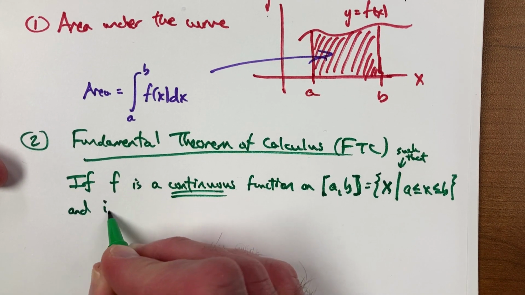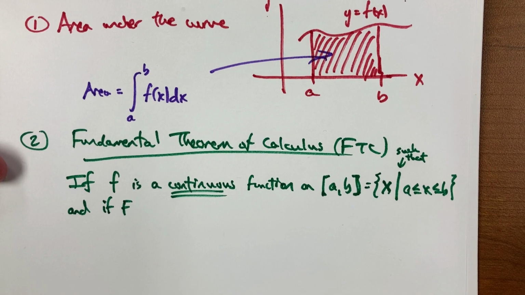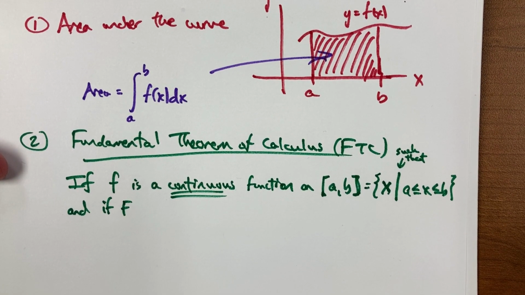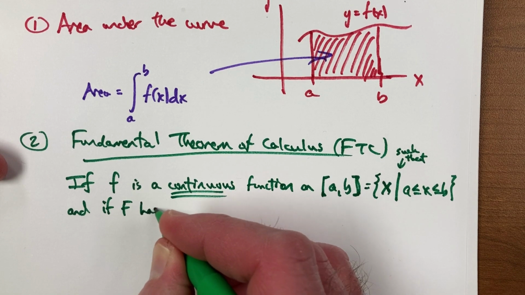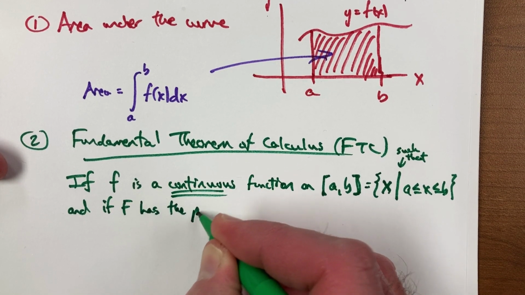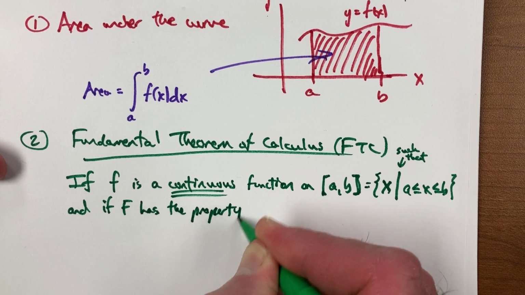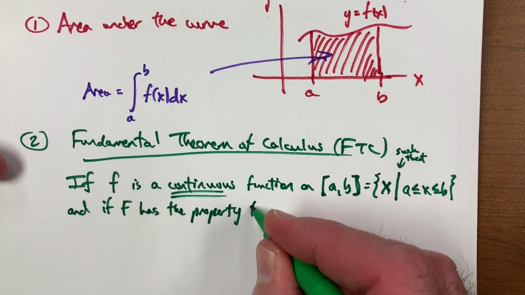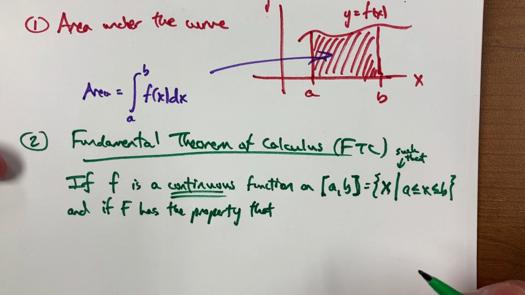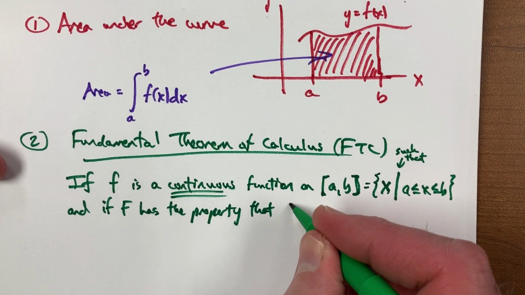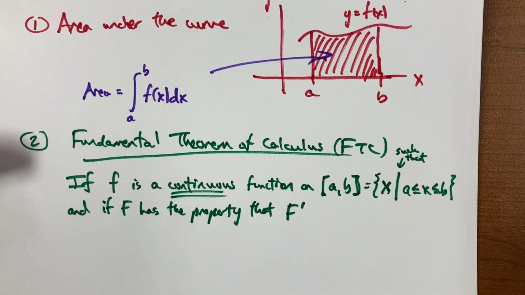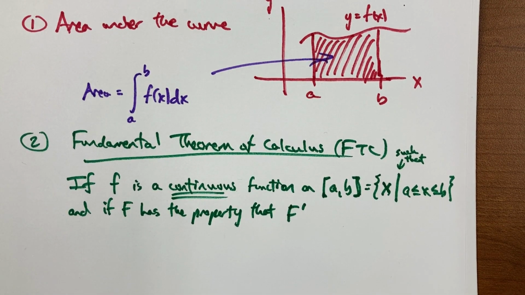And if capital F has another property, has the property that, what do you think I'm going with this? Do you remember? There's a hint, capital F prime. What's going to be true about capital F prime, the derivative?